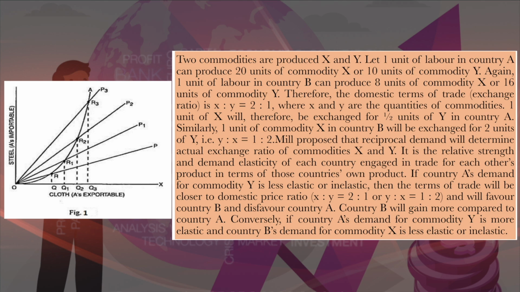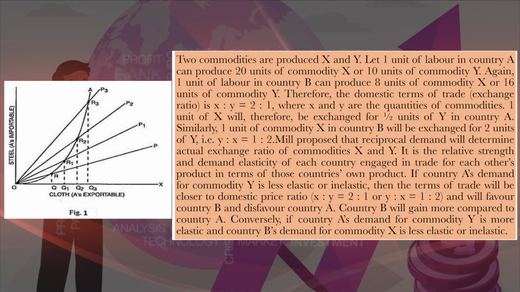Again, 1 unit of labor in country B can produce 8 units of commodity X or 16 units of commodity Y. Therefore the domestic terms of trade, that is the exchange ratio, is 2:1 for country A, where X and Y are the quantities of commodities. Now, 1 unit of commodity X in country B will be exchanged for 2 units of Y, because country B has an advantage in producing Y as compared to X, where the price ratio of Y to X is 1:2.